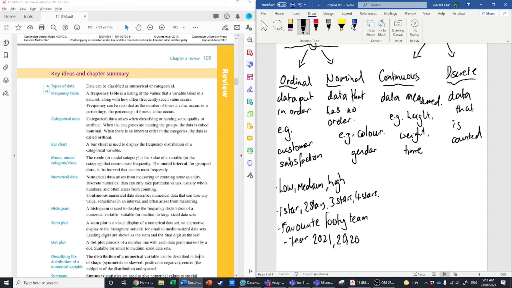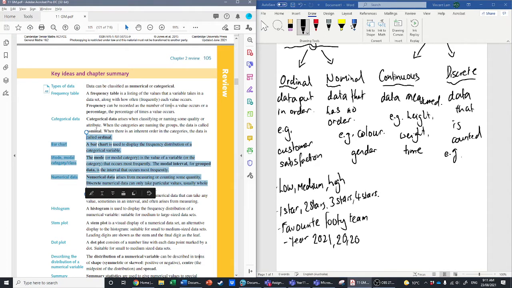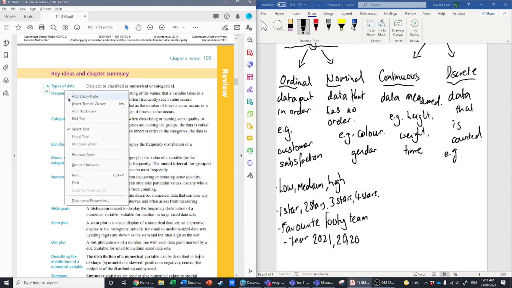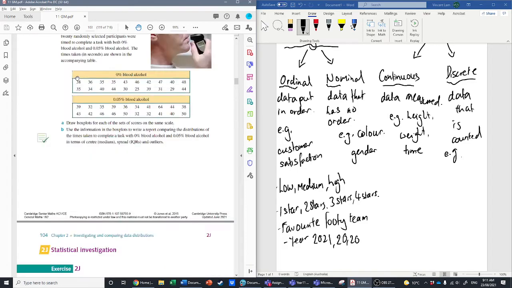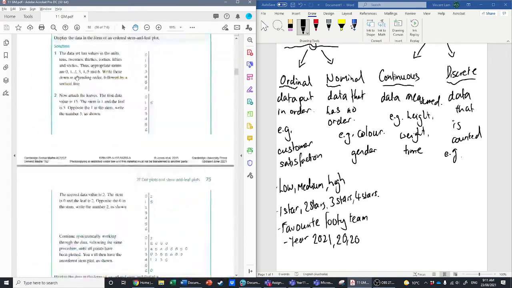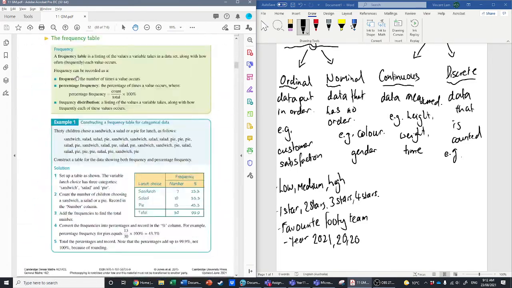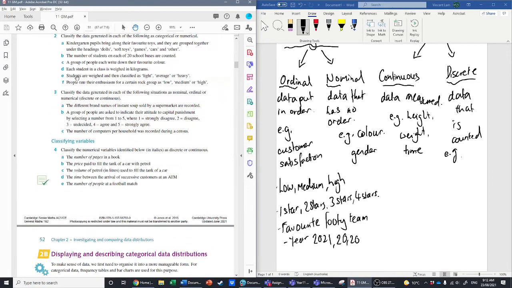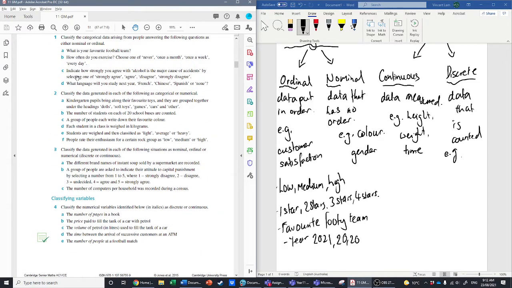Now most of you should have all this. It's a highly recommended idea that you add as many examples as you can. So if you go to exercise 2A, I think exercise 2A is about classifying the different types of data. If you see any that you don't like or is a bit confusing, it's probably a good idea to put those into your notes as well.